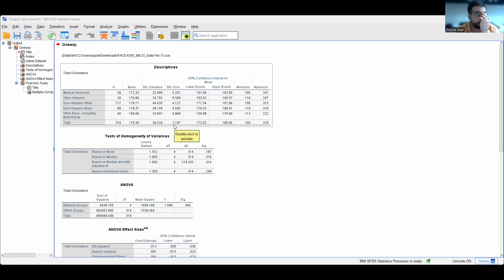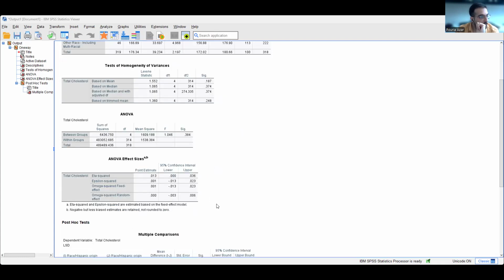I have the test of homogeneity of variance. So based on median, the homogeneity of variance is not significant. So that assumption is met. So the homoscedasticity assumption is met.